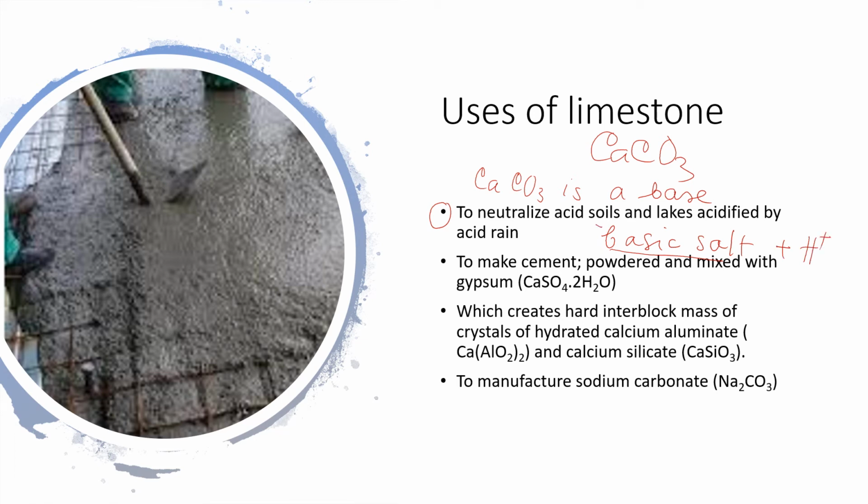The acidity of soil is caused by acid rain. The acid rain itself is caused by SO2 gas from the factory or industry that dissolves in rain to produce acid. So the rain is acidic.